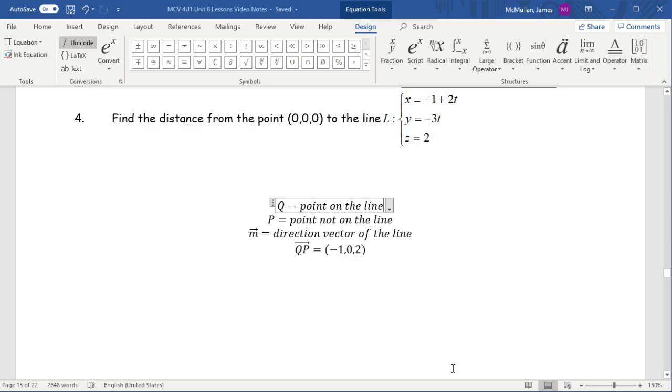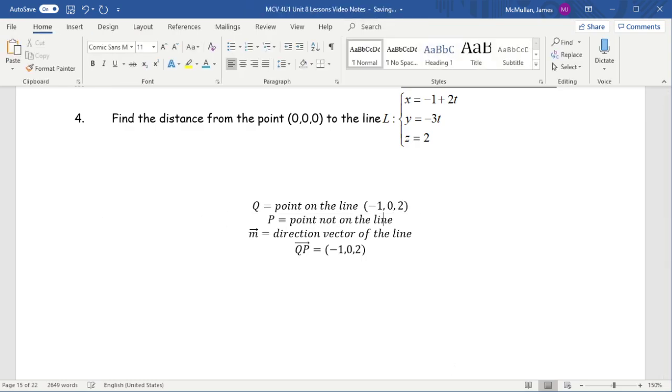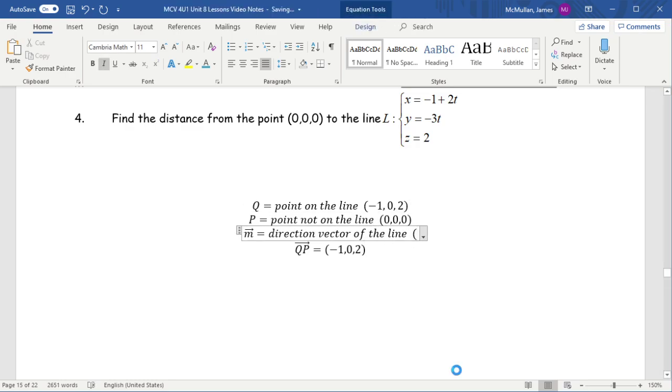Maybe I should actually write down what these are. The point on the line is -1, 0, 2. The point not on the line is 0, 0, 0. And that makes Q really a position vector, just -1, 0, 2. The direction vector of the line is 2, -3, 0. And so the question is, how close is that line to the origin?